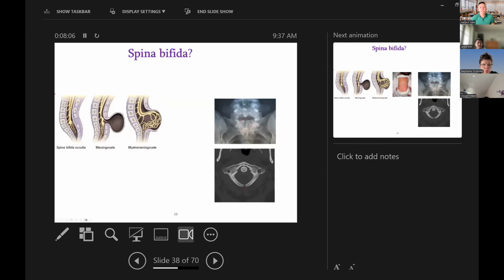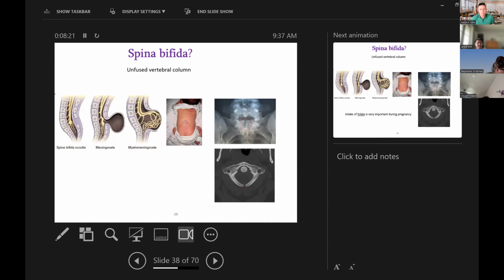Another condition that is related with the spinal cord and the vertebral column is something called spina bifida. And spina bifida happens because of an unfused vertebral column. And there are three levels of severity of spina bifida.